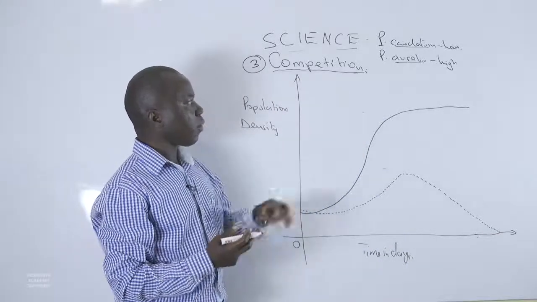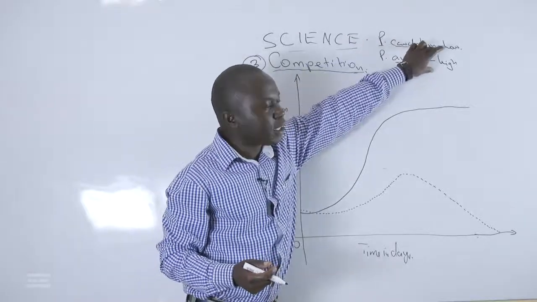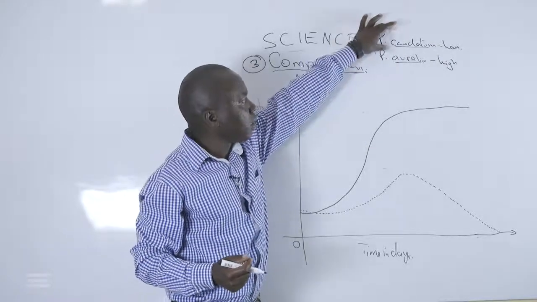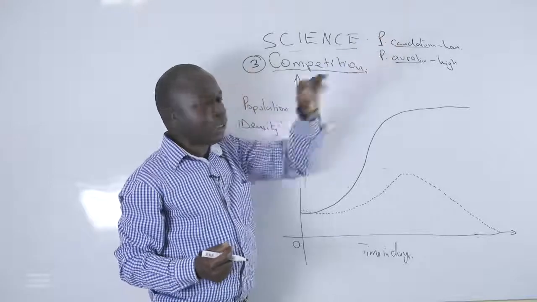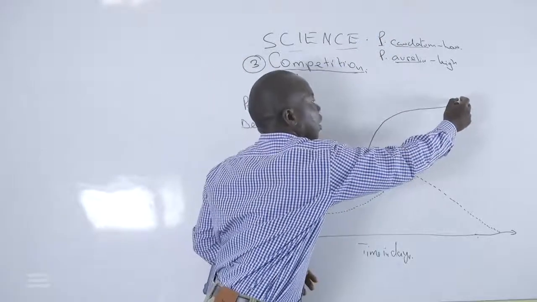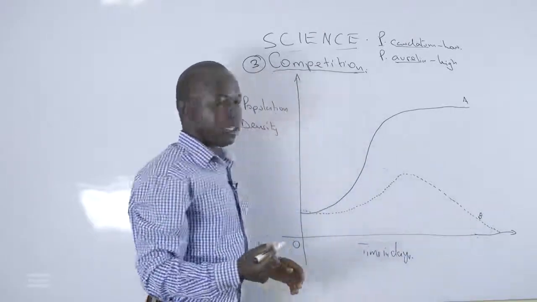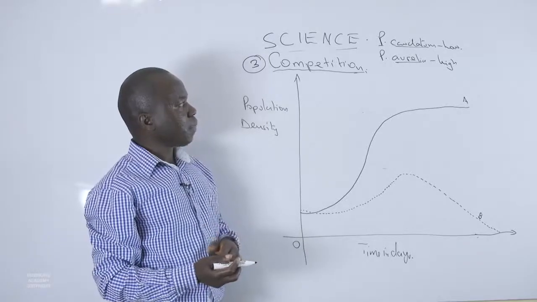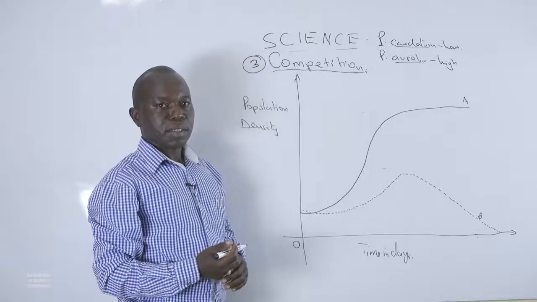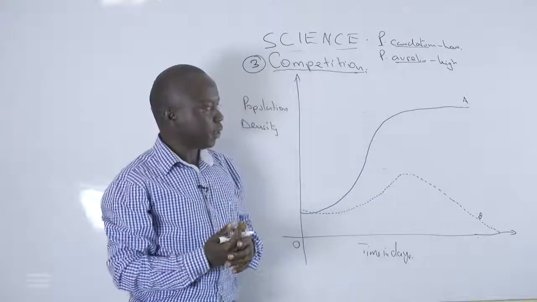But before you go there, we have one that is having high reproductive rate, the other one that is having low reproductive rate, caudatum and aurelia. So among these two, we have two curves, curve A and B. Which one represents Paramecium caudatum, and which one is illustrating Paramecium aurelia?